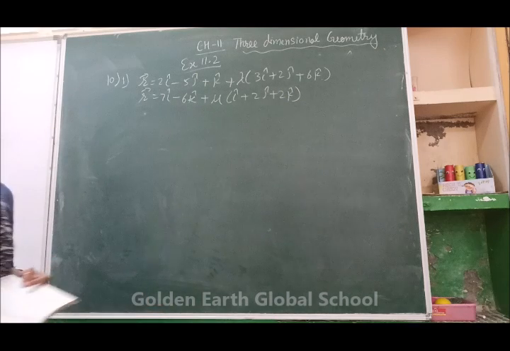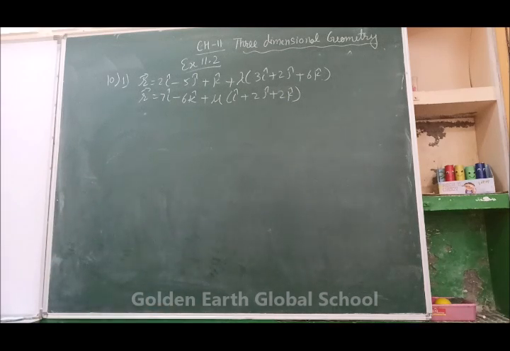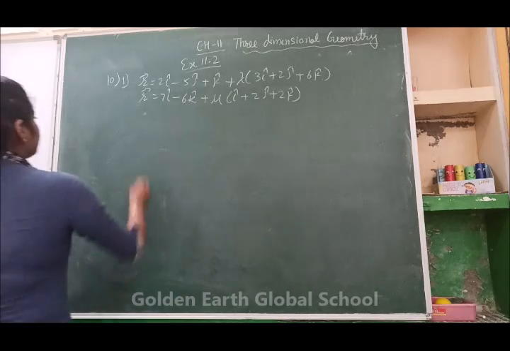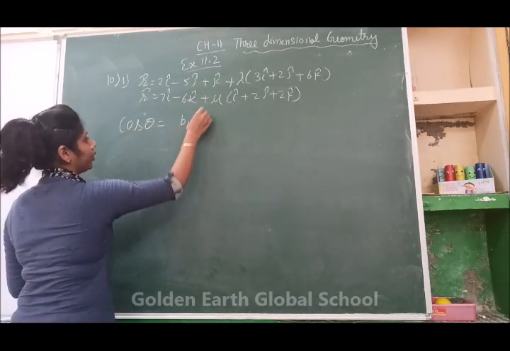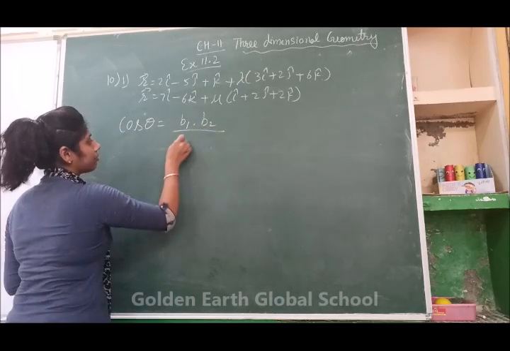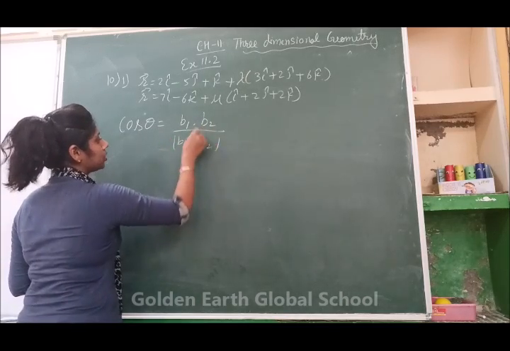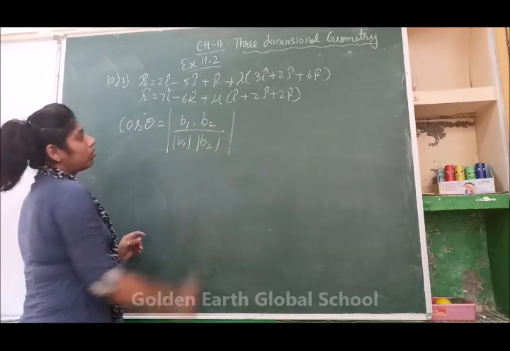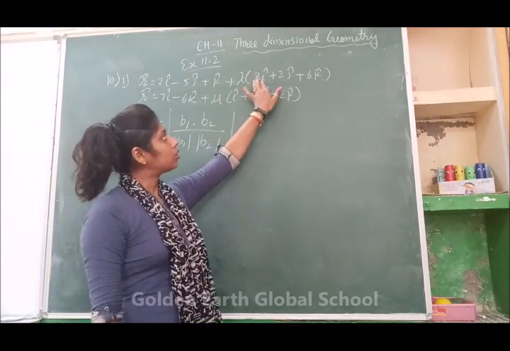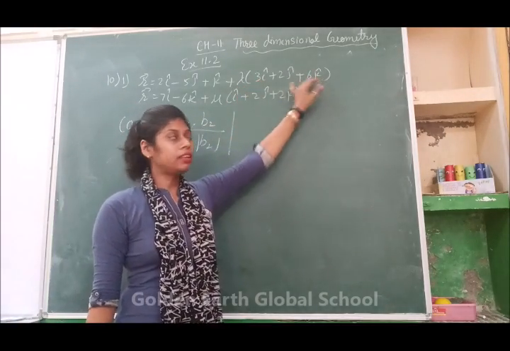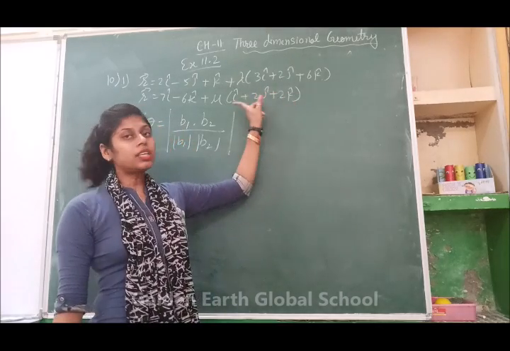So these are the lines. Now we will study what is the formula to find the angle. Cos theta is equal to the magnitude of b1 dot b2 upon magnitude of b1 times magnitude of b2. Now what are these b1 and b2? b1 is the direction ratios of the first line and b2 of the second line.